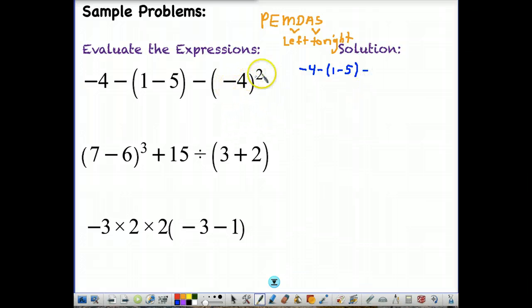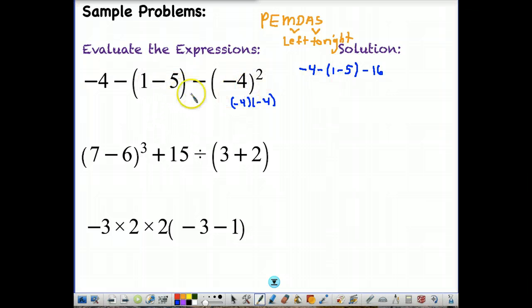So I have -4 twice. So that's -4 in parentheses times -4. Well, if I put those together, I get +16. Now this minus is out here, that stays there, but then out here I'm going to go 16. Okay, next I'm going to do, sorry, I did the exponent first.